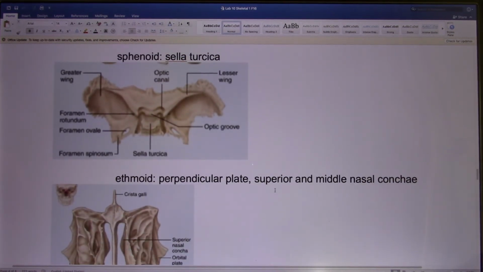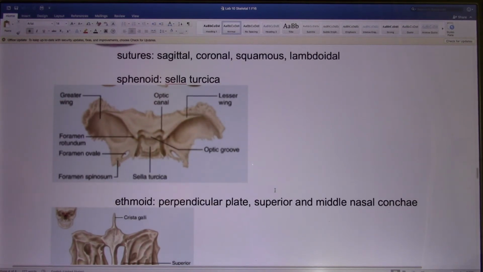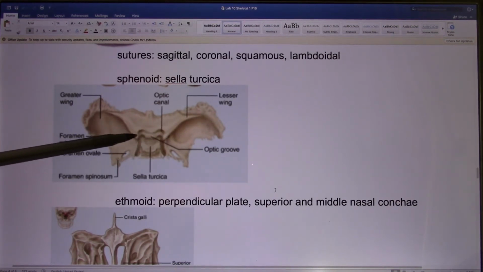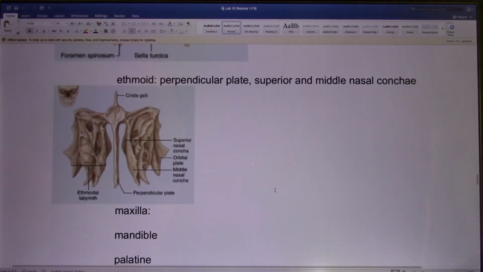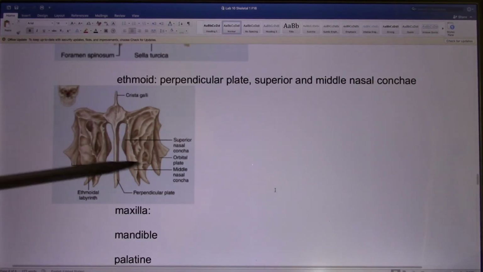Sphenoid bone, we talked about the structure, and that's the wing. One area you definitely need to know is the sella turcica. That's this one, because that's where your pituitary gland sits. The ethmoid bone creates the upper part of your nasal cavity. It has a complex structure, labyrinth to labyrinth.